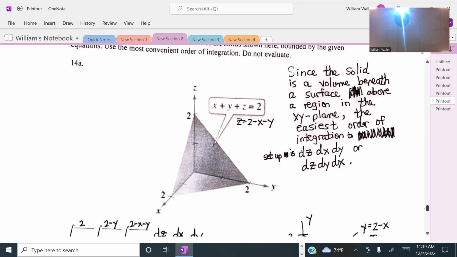This is the simplest type of volume, and it's easy to set up a triple integral. The integration is going to be easy: first dz, then dx dy or dy dx. The order of y and x is less important, but start with z first.